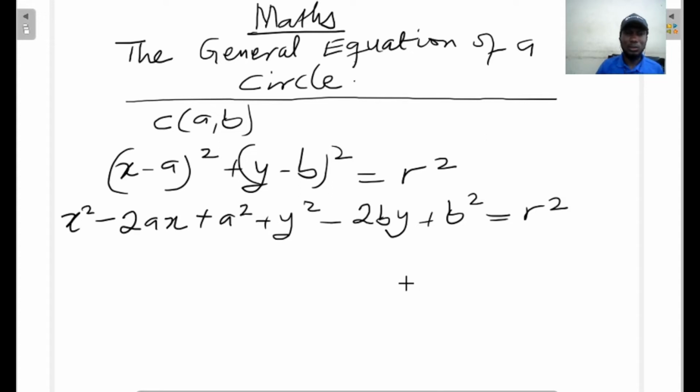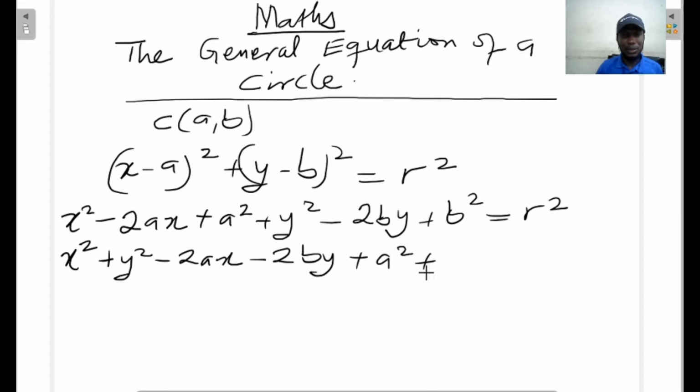Then we want to group all the constants at one side, meaning the terms without x at one side. So we are going to have x squared plus y squared minus 2ax minus 2by plus a squared plus b squared minus r squared equals 0.